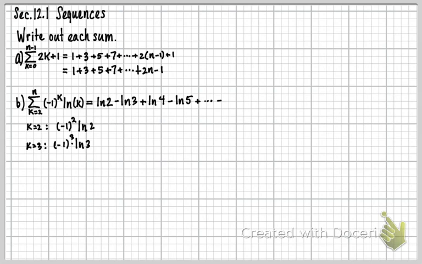And it doesn't matter if you minus or plus this way. And this is going to turn out to be -1 to the n, since I'm going to n, ln of n. So that's going to be writing out the sum. So you kind of see how that all works and plays together. Actually, this should be plus.